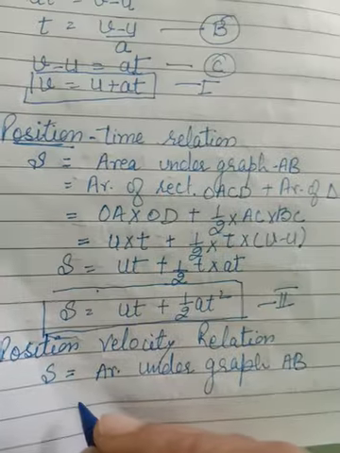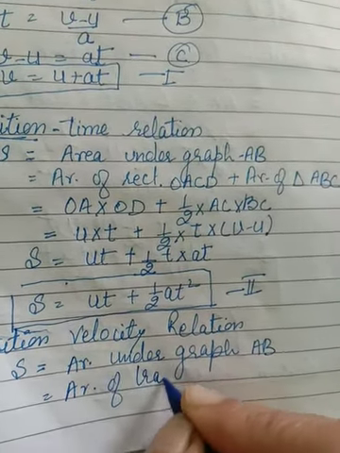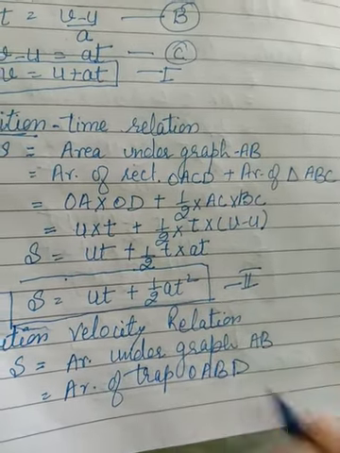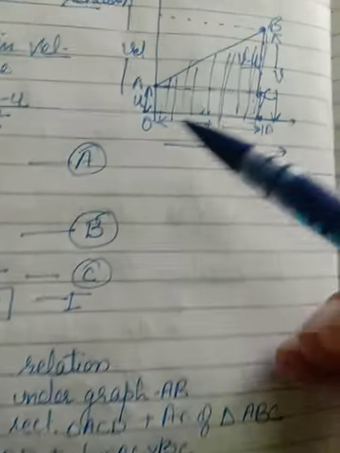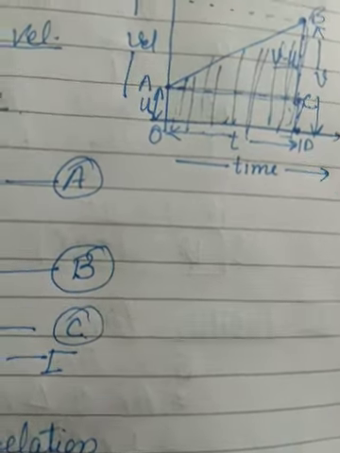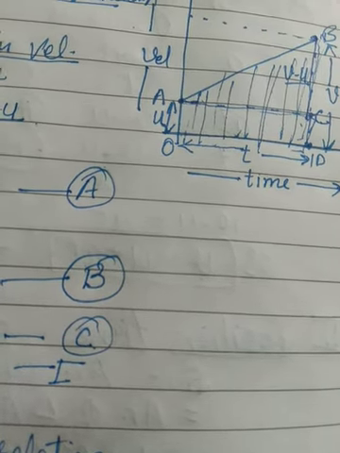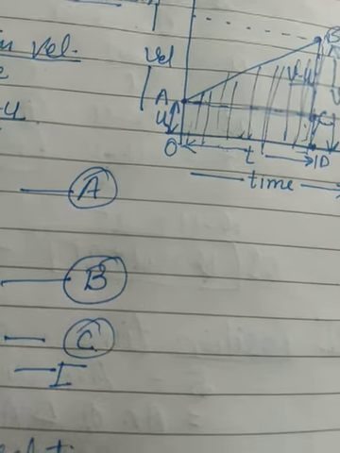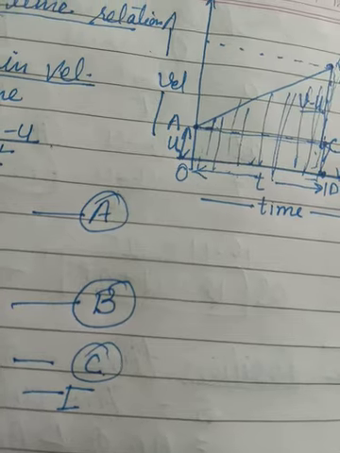The area of a trapezium is half into the sum of parallel sides into height, or the perpendicular distance between these two parallel sides.